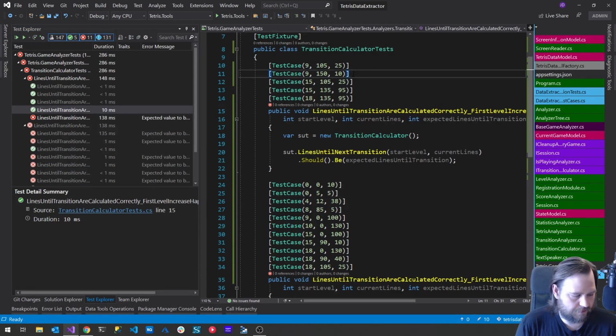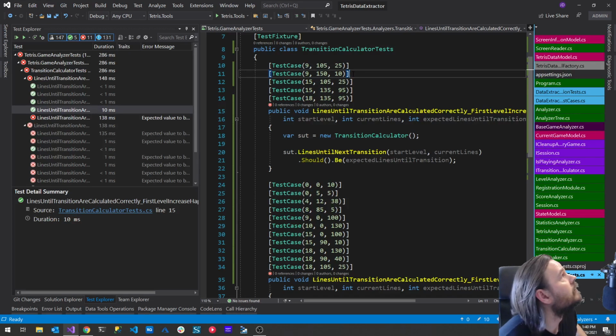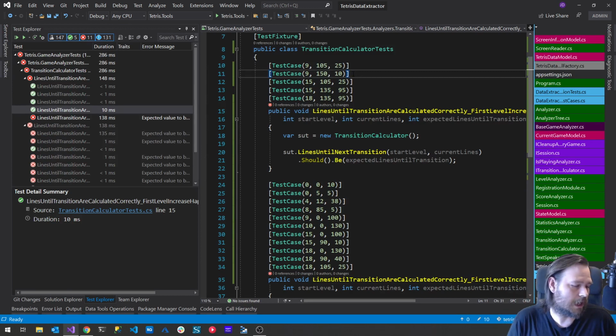I might have to rethink what's going on here, because there are two very, very different scenarios in the game. When you start at level 9 and below, everything makes sense.